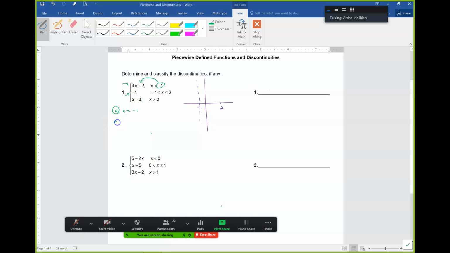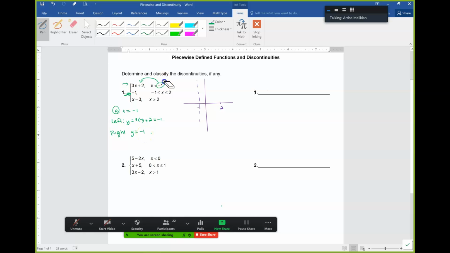So the left is y equals 3 times -1 plus 2, that's -1, okay? The right is just that second function, and y is just -1. Okay, so you see how they have the same value, right?